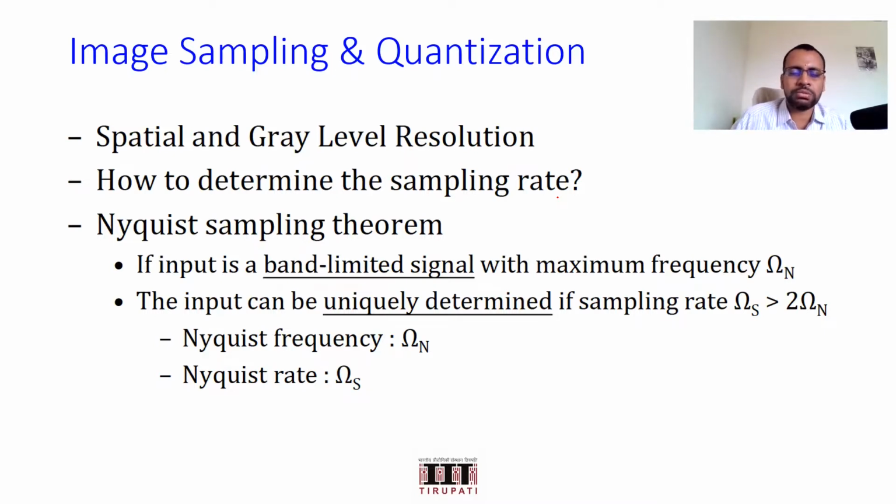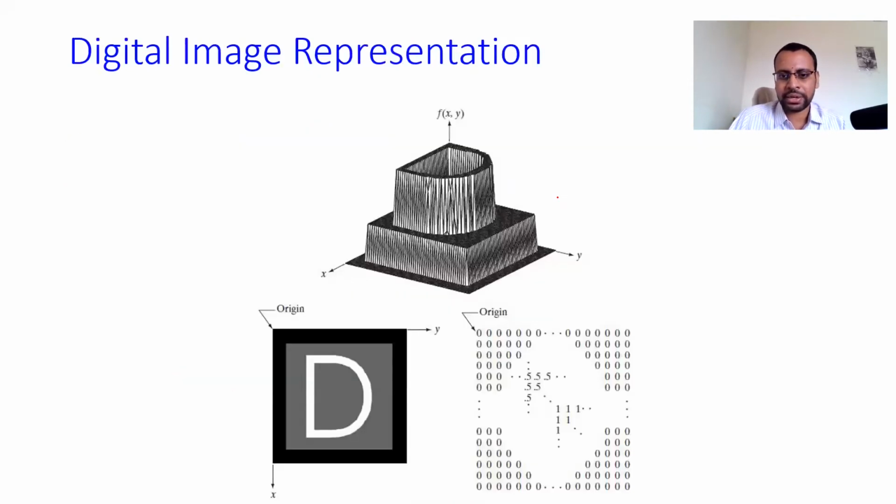Up to what level of downsampling could still help you get reasonable features? This kind of idea should be there. Of course, that comes from the Nyquist theorem, and it depends on the content of your image, or the content of interest to you in that image. That would dictate what your sampling rate should be.